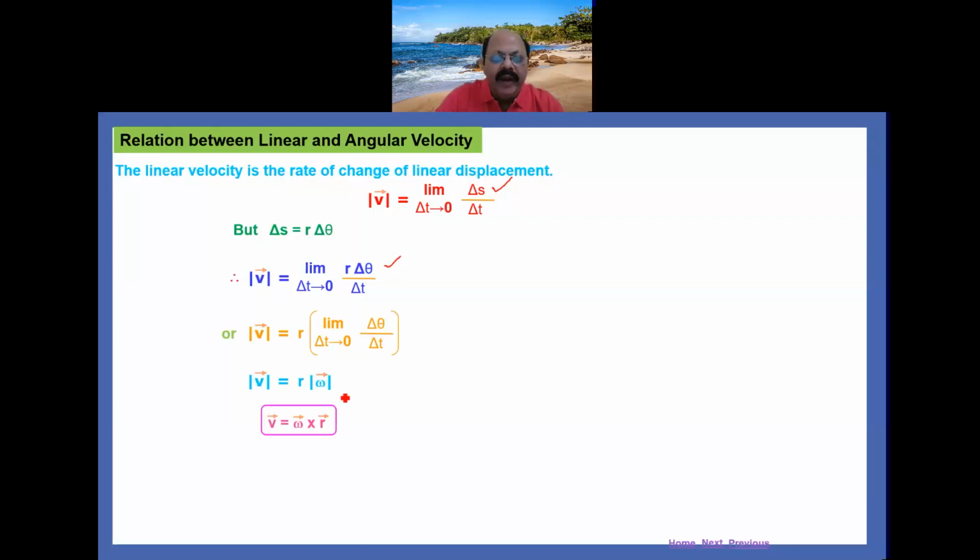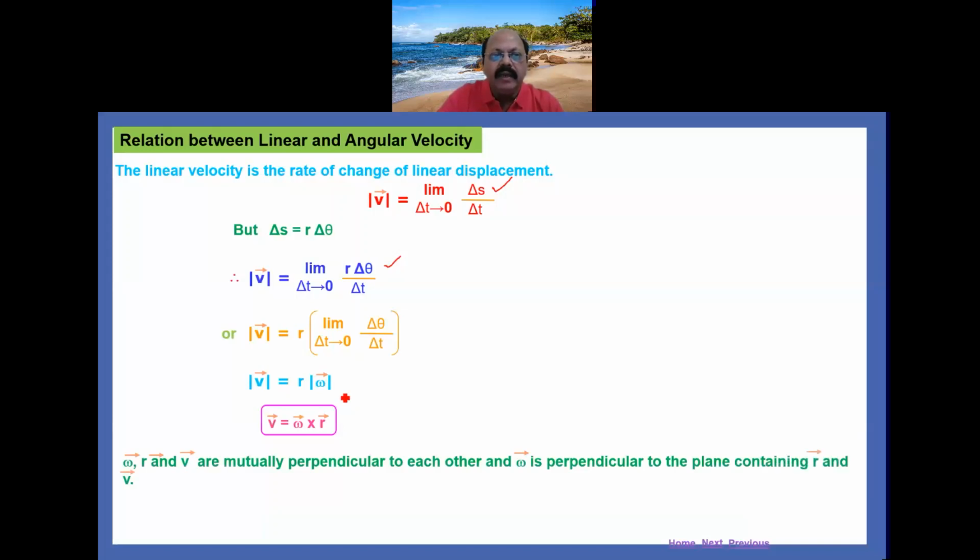In vector form we can write v vector equals omega vector cross r vector. Omega vector, r vector and v vector are mutually perpendicular to each other, and omega vector is perpendicular to the plane containing r vector and v vector.